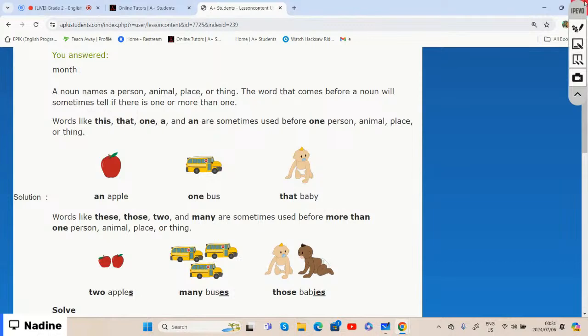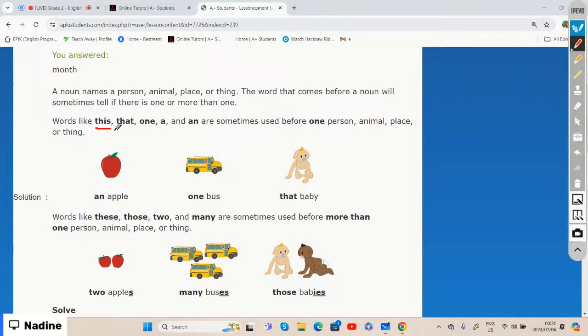And we need to look at words like this, that, one, a, or an, right? For example, we can say one person, one animal, one place, or one thing did something. We can even refer to this laptop, it refers to one laptop. That pen, we're referring to that pen over there, but it's one thing, right? That baby, this baby.